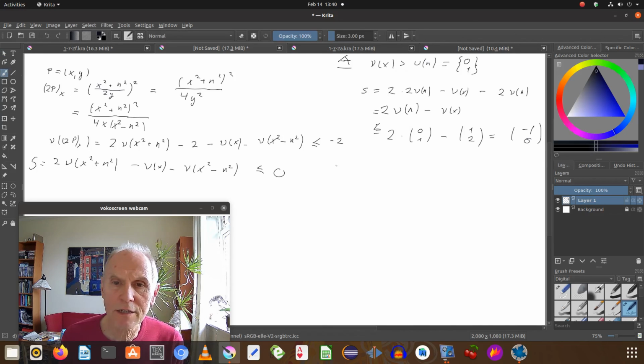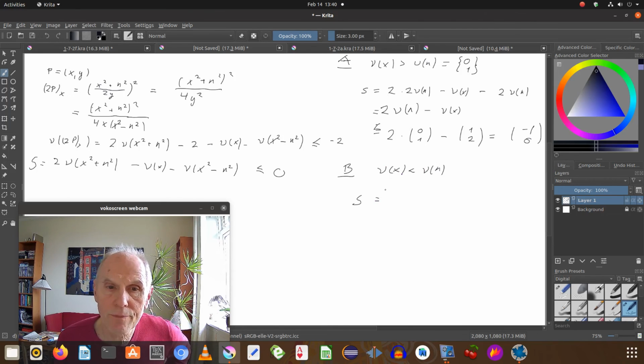Then let's take case C, where v of x is less than v of n. That's 2v of x. Now that's v of n squared, so it's 4 times, as before.